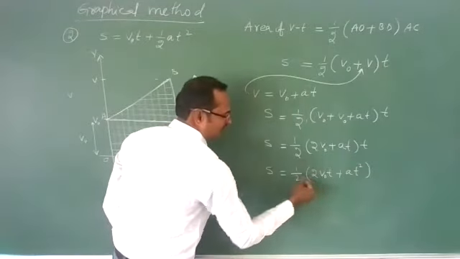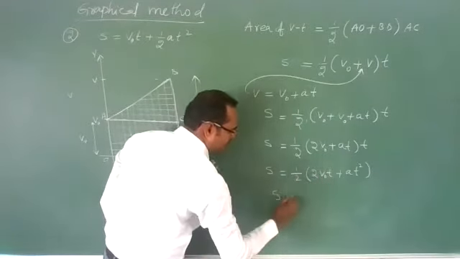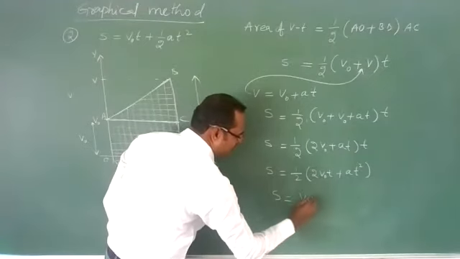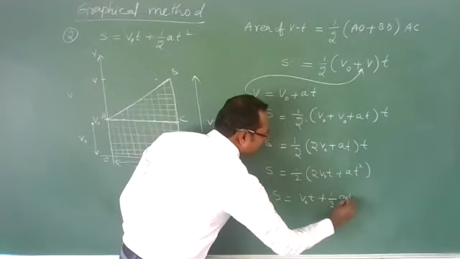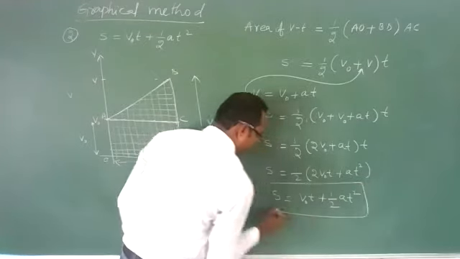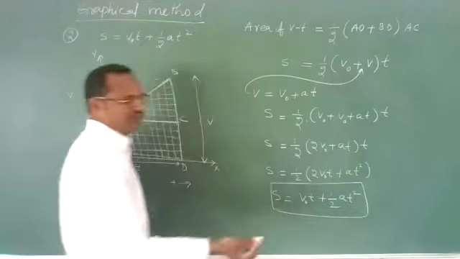Now multiply with half for this total. This half cancels: V0 T plus half AT square. Very simple equation again.